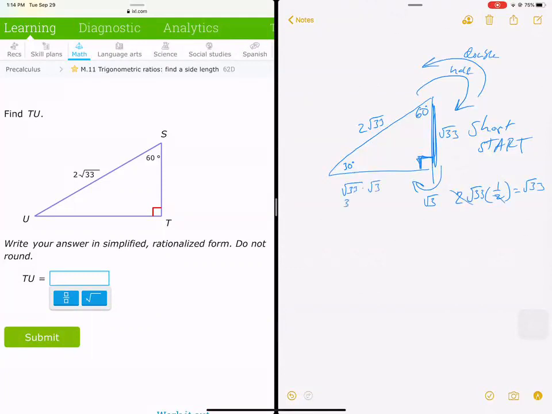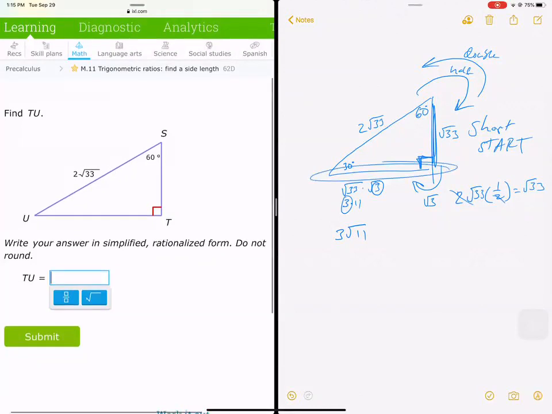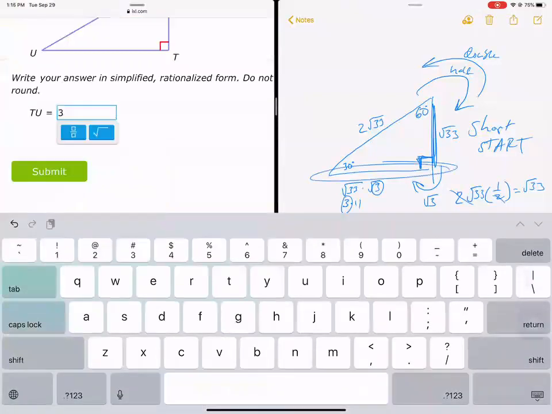One hint is this is really 3 and 11. 33 is 3 times 11. So we actually have 2 3's here. So we can write 3 square root of 11. That's our simplified form, not decimal. They want us to find side TU. So TU was our bottom side, and that's going to be 3 square root of 11.